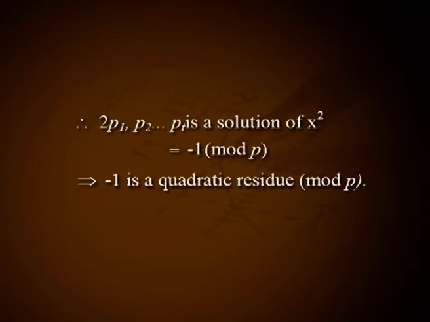Thus -1 is a quadratic residue mod p, but this contradicts corollary 3 since p is of the form 4m+3. Hence there must be infinitely many primes of the form 4k+1. Example 6. x² ≡ -a² mod p has a solution if and only if p ≡ 1 mod 4.